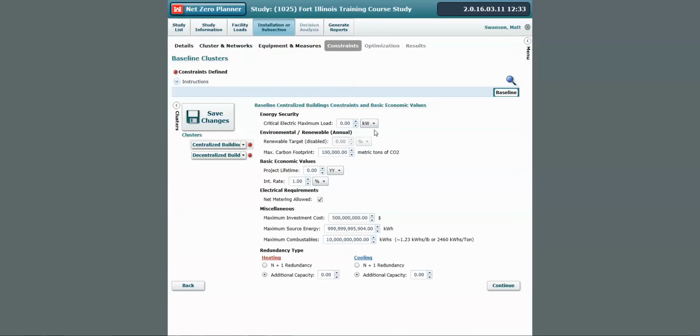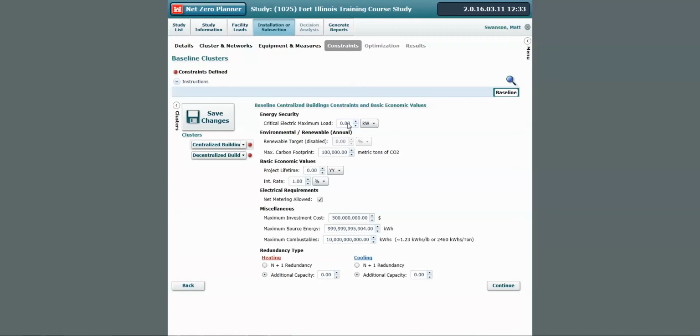And what that means is we could say, for example, this group of buildings must always have access to at least 5 megawatts of electrical capacity in addition to the grid. So if the electric grid goes down, we could run at least 5 megawatts worth of our loads. There may be some critical loads, some critical infrastructure, and this is where we would put that requirement.